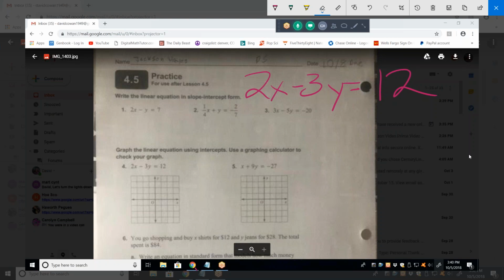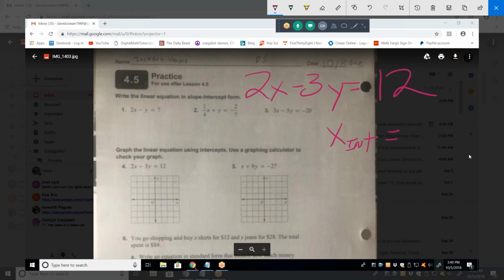Y-intercepts come when x equals 0. So tell me what the x-intercept here is. In other words, what they want us to calculate here are the x-intercepts, the y-intercepts. Connect those 2 dots and you'll have your straight line.